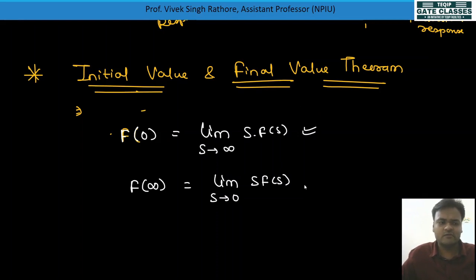And for the final value, the condition was that the poles of s F(s) should lie in the left half of the s plane.